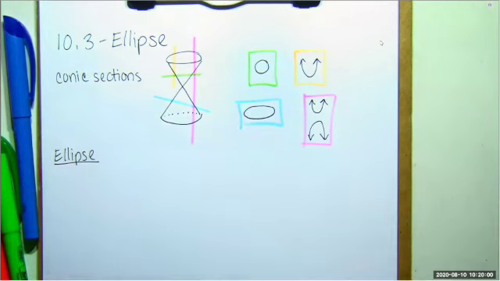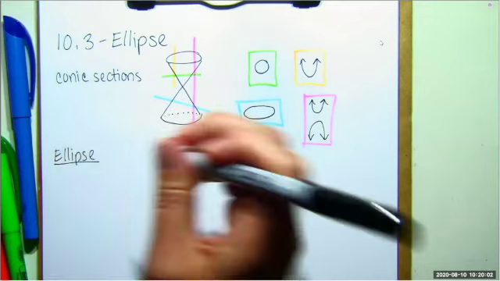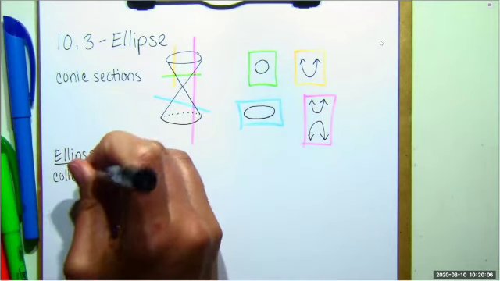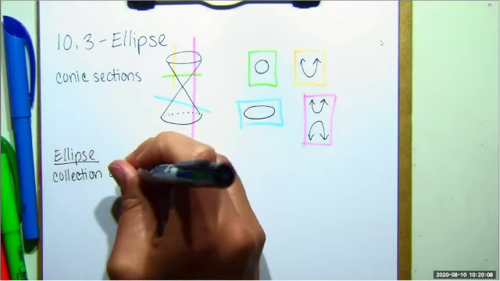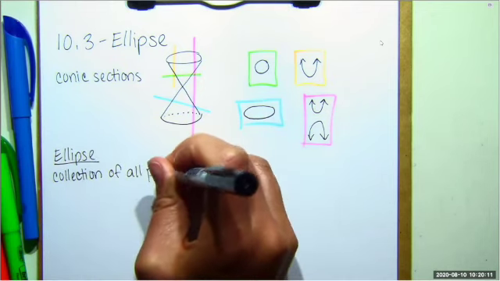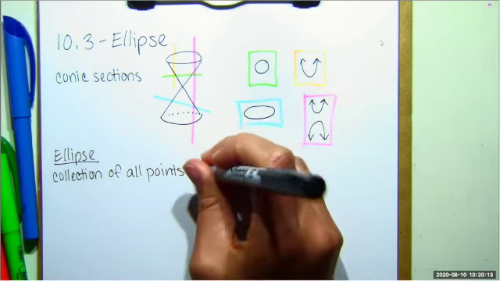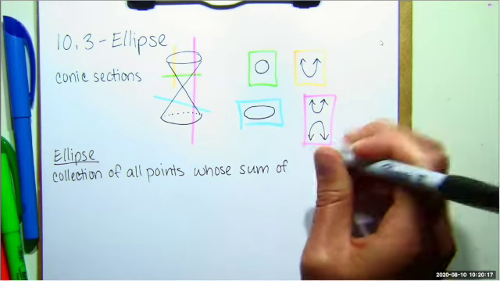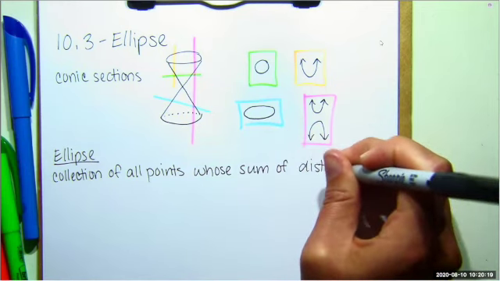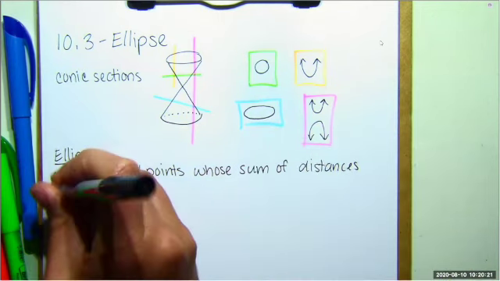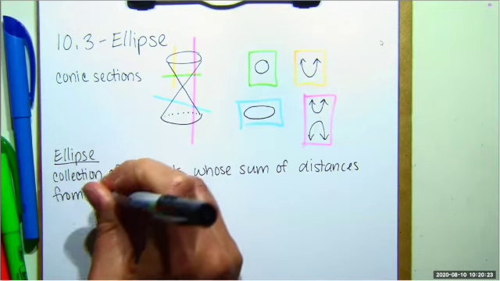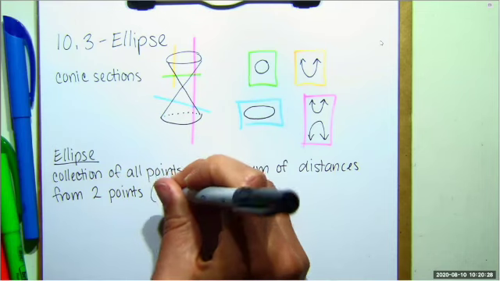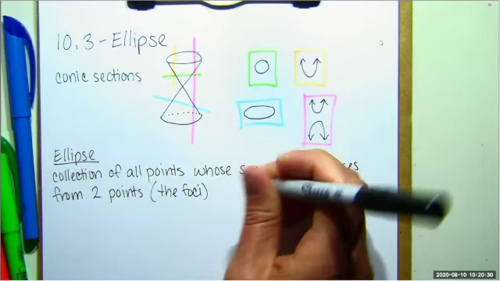So first up, here's our definition of ellipse. The ellipse is a collection of all points whose sum of distances from 2 points called the foci is constant.